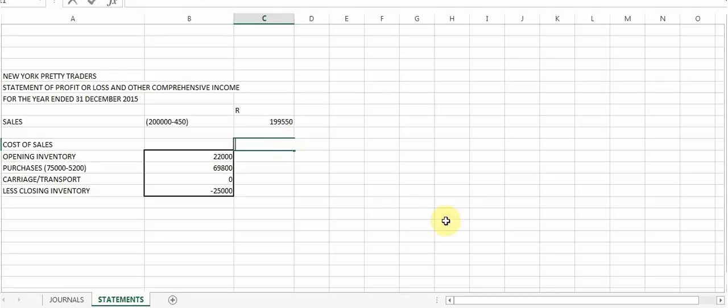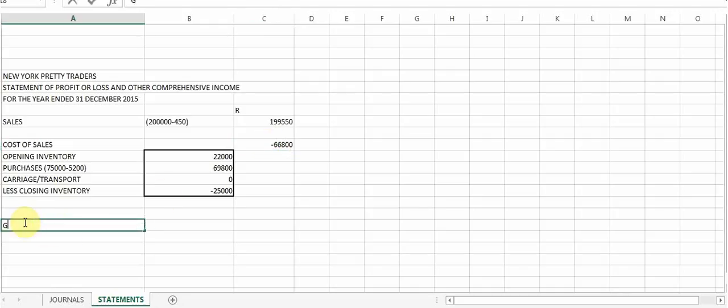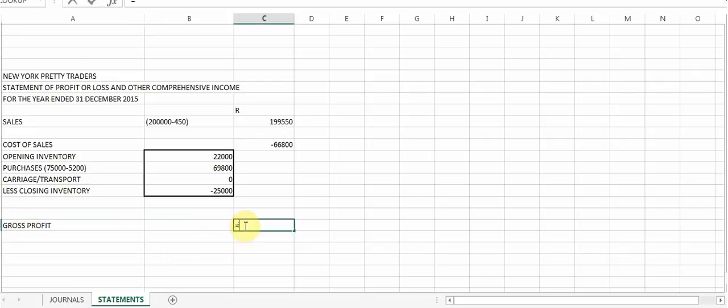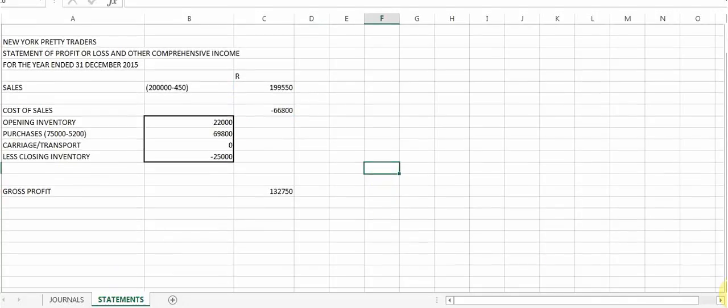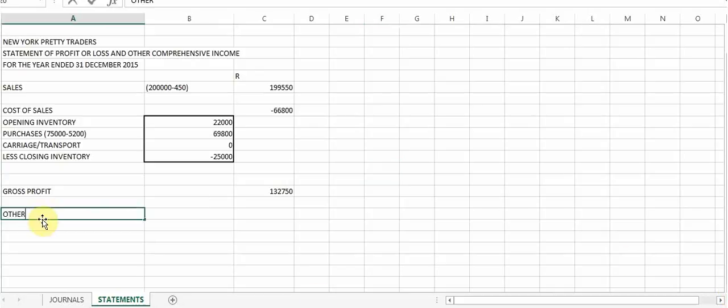So I'm just going to say minus 66,800, because cost of sales is a cost, so it needs to be deducted. Then I get to gross profit, and that is then the difference between the sale and the cost of sales. So if I take the cost of sales and I deduct it from the sales, I get a gross profit of 1,327.50.